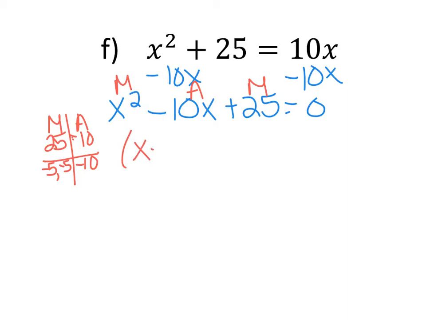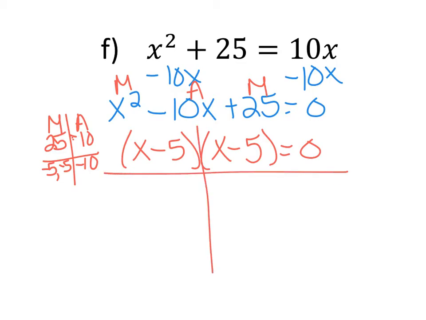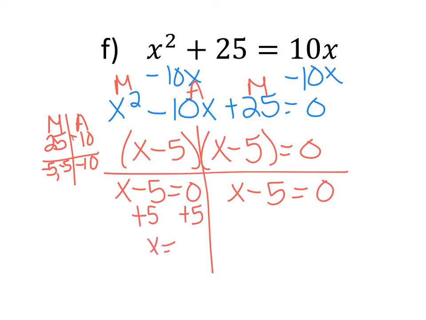So this factors into x minus 5 times x minus 5, which equals 0. T-chart. X minus 5 equals 0, and x minus 5 equals 0. Solve them. Plus 5, x equals 5, plus 5, x equals 5.